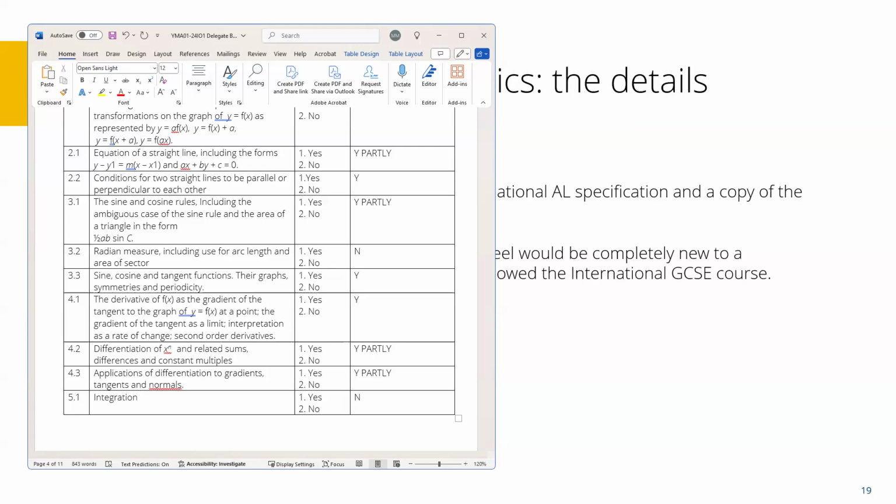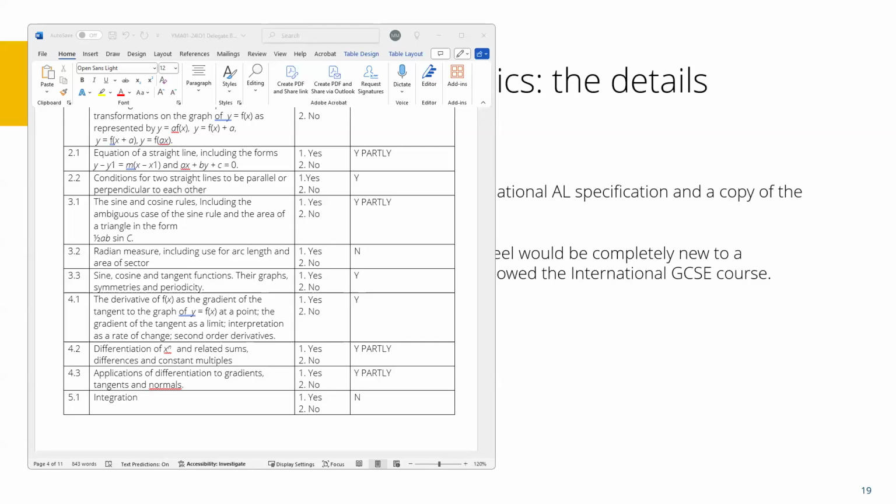Now, the reason why we made this task is because when we came to put the specifications together, the people involved did consider how the flow would be, and therefore the international A level is a natural build towards the international GCSE.